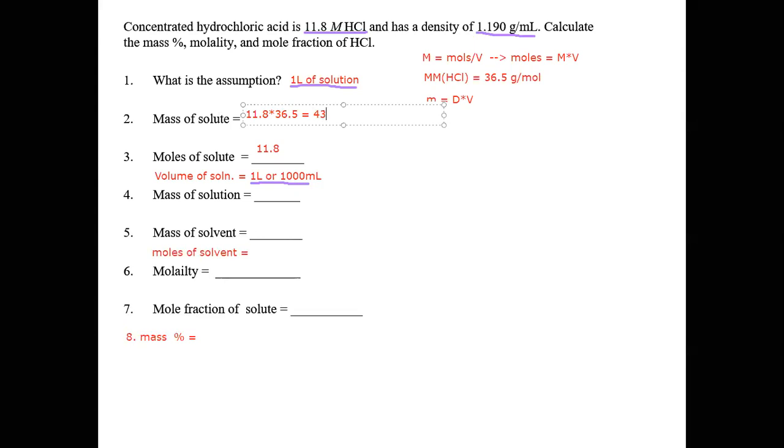So it's 430.7. Now the mass of solution, again, for this, you have to make sure volume is in milliliters because the density is in grams per milliliter. So it's going to be 1,000 times 1.190. So this would be 1,190 grams.